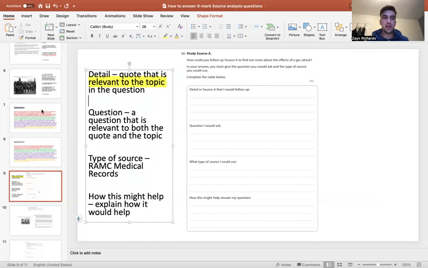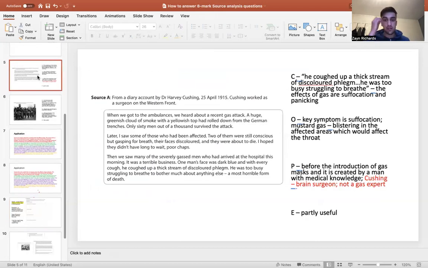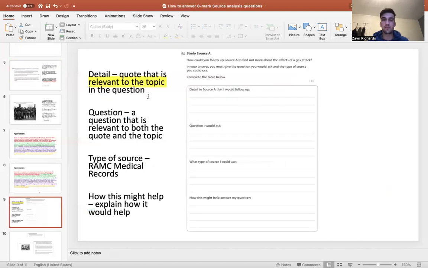Okay, so source A, if we remind ourselves, is this one. So if we were picking out a quote from this, we want to think about something to do with the effects of gas attack. So it says a most horrible form of death. Okay. So we might put down for our quote here, because that's about the effects of gas.